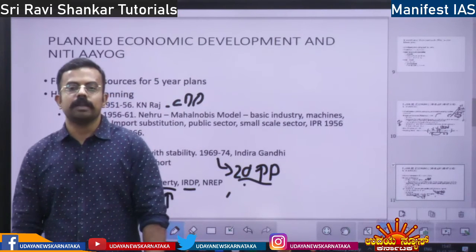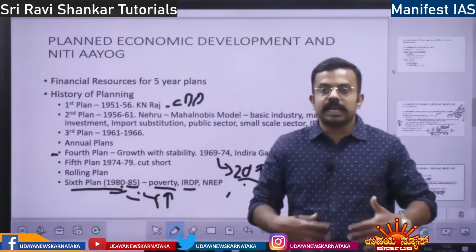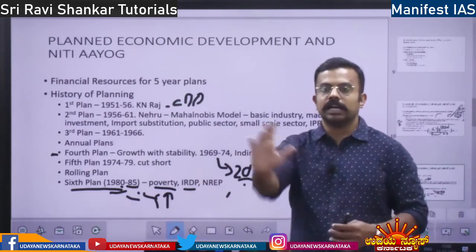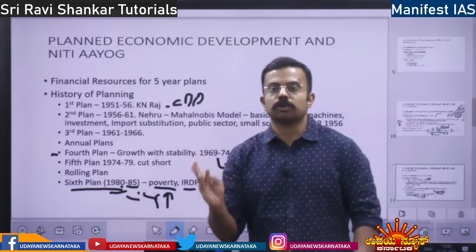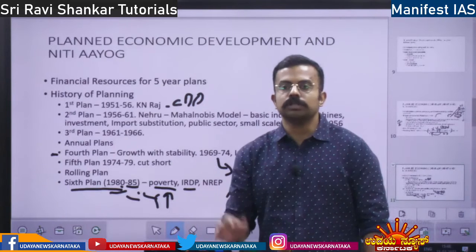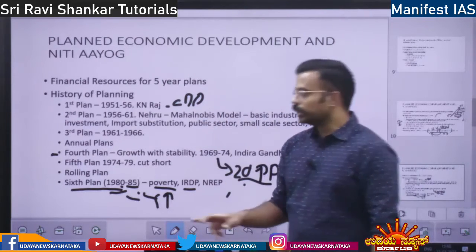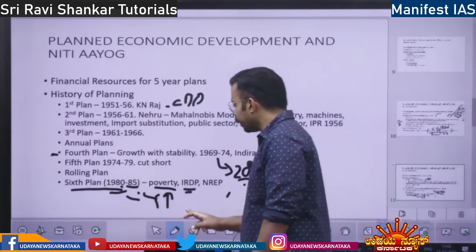What does Integrated Rural Development Program mean? Integrated means everything in the rural area. It may be agriculture, roads, electricity, food, health, education. Everything should be perfect. So that is the Integrated Rural Development Plan.